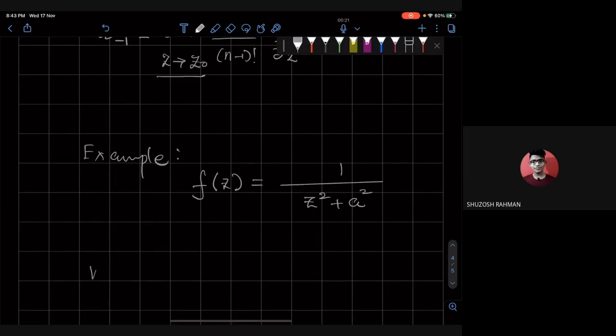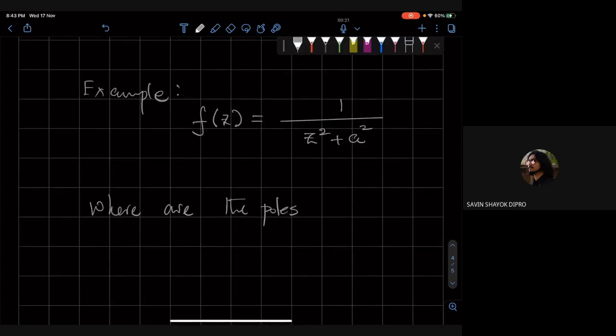It's a simple pole. Where are the poles then? Plus minus ia. Right, very good. So z squared plus a squared, we know that we can write this as z plus ia times z minus ia.